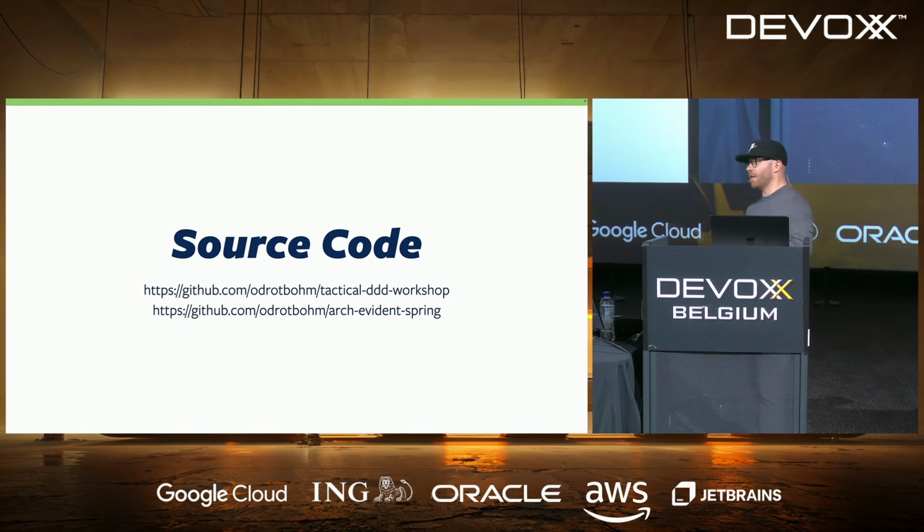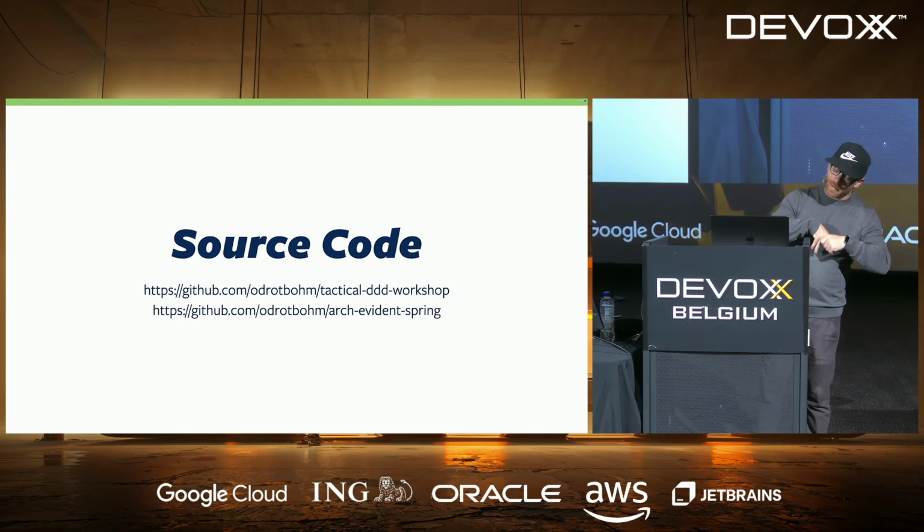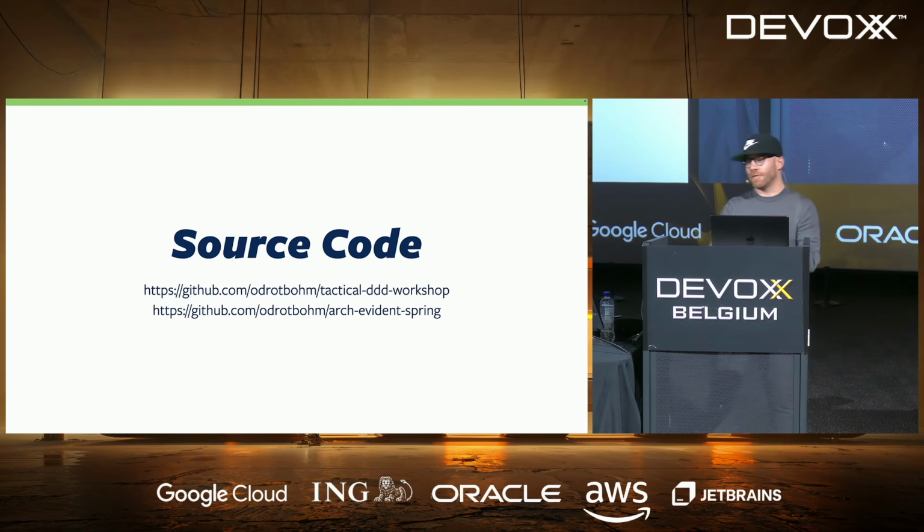So if I talk about applying domain-driven design to your Java and Spring projects, there's the question, which is very related to writing source code and laying out source code, of how to design that. So we're going to look at a couple of examples.